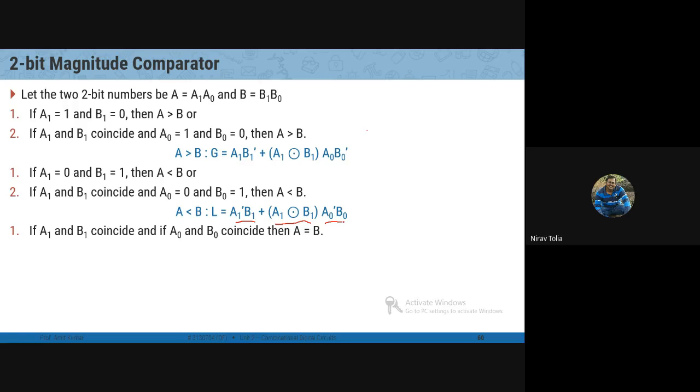Then I can say my A equals B. So the equation for A equal to B is A1 coincides with B1 and also A0 coincides with B0. Then we can say A equals B. Now again we have to draw the logic diagram.